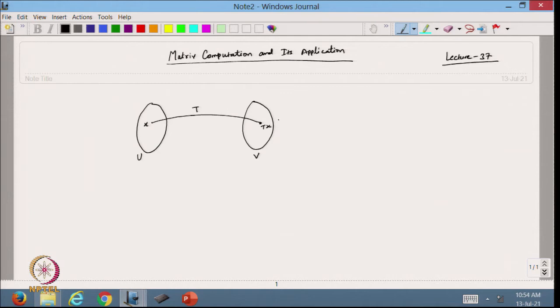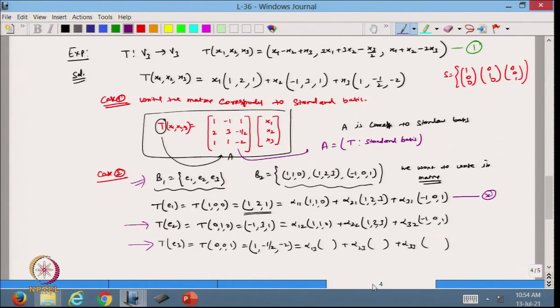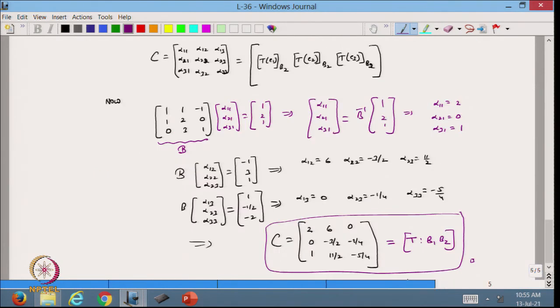From here I am able to write the matrix for T corresponding to the standard basis, and this is equal to my Ax. So we can write it directly from here, and this is what we have done with this A.